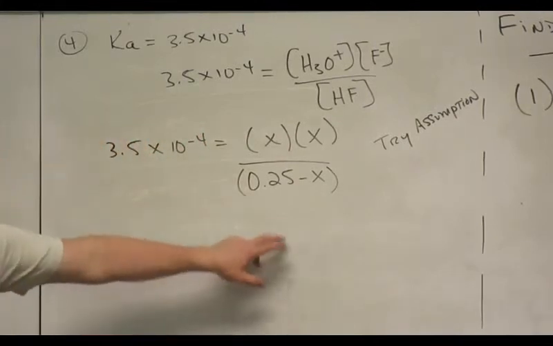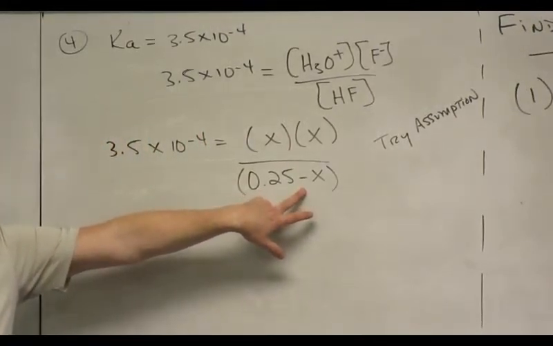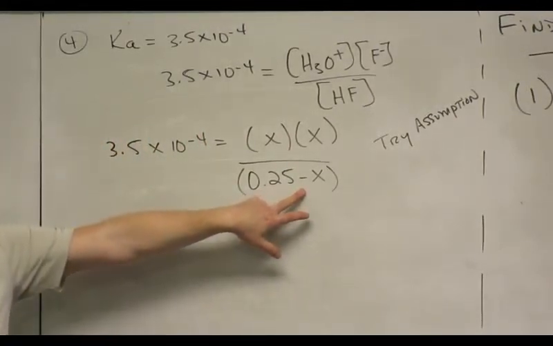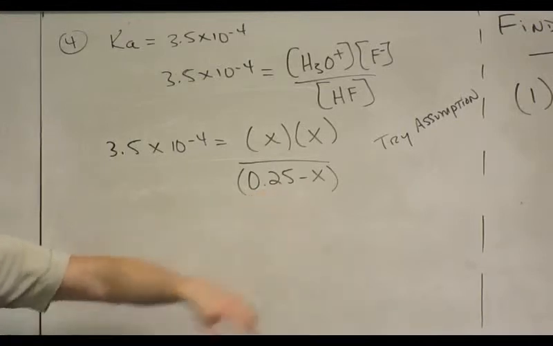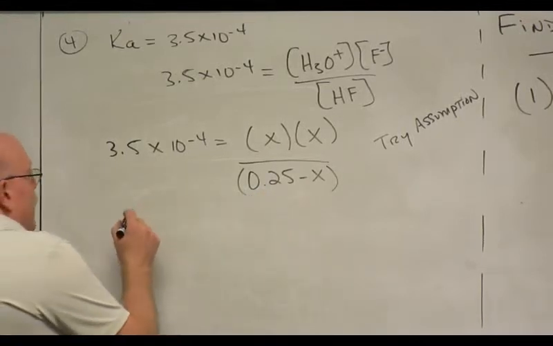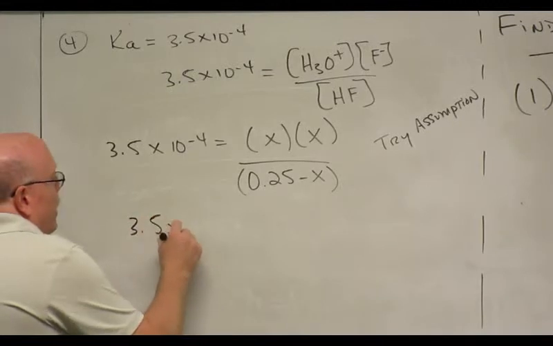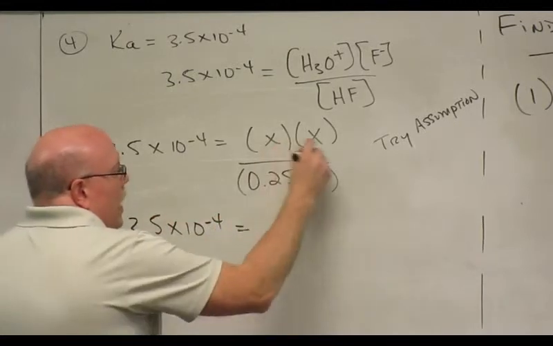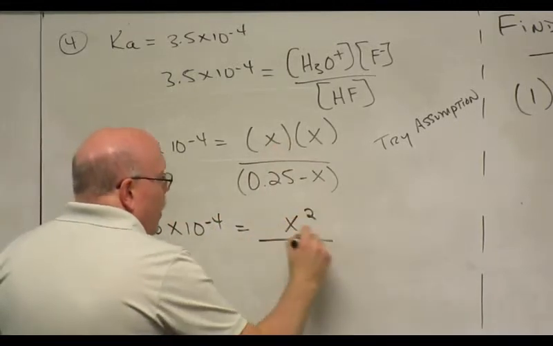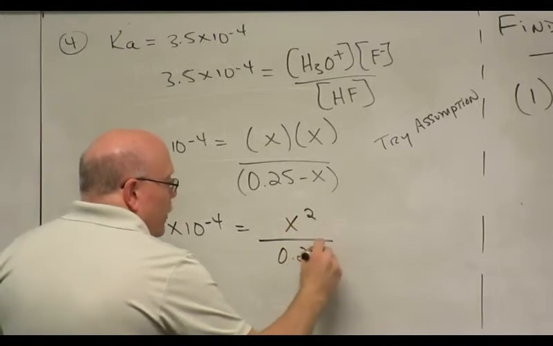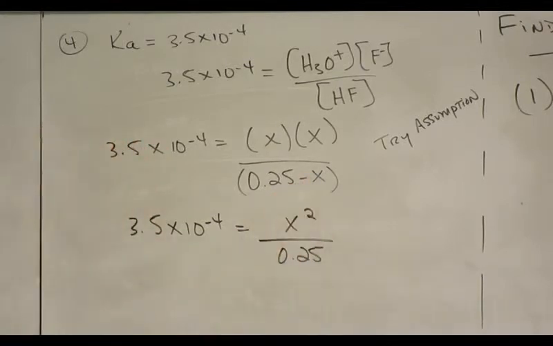In doing so, I'm going to say that this number, this minus X here, is negligible. It's not going to break down a lot, so this minus X isn't really going to be a factor. So I can rewrite X times X is X squared over 0.25. I'm saying that's not going to change enough to affect the final number.